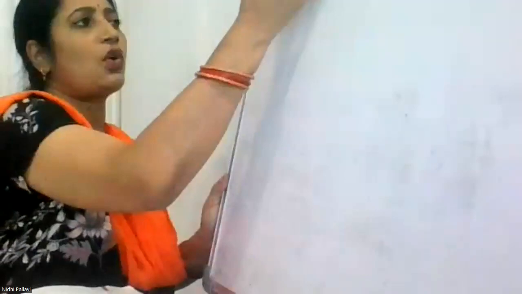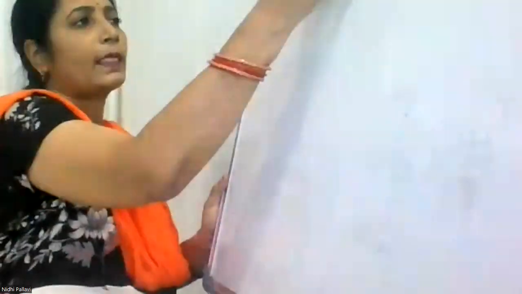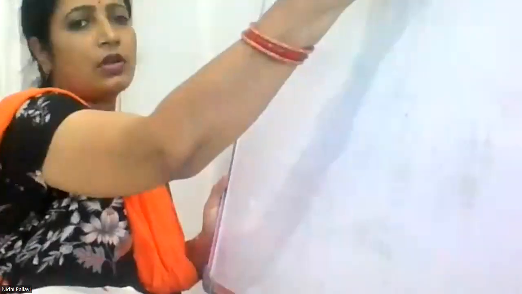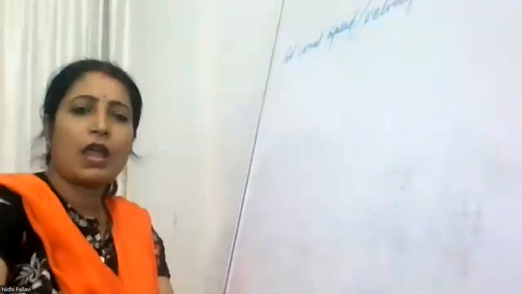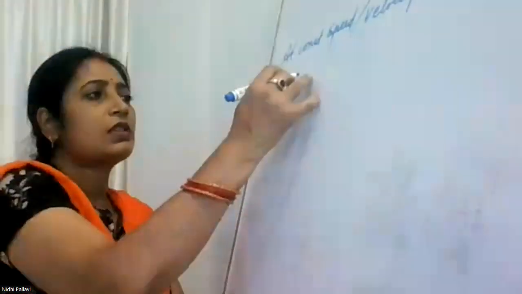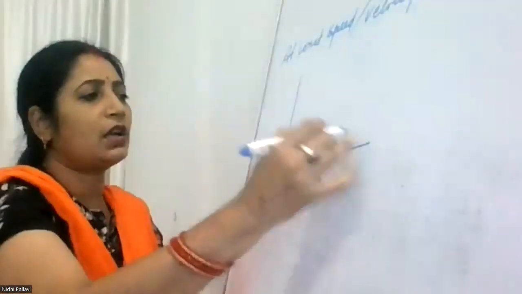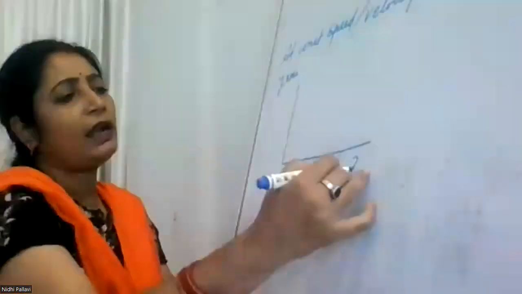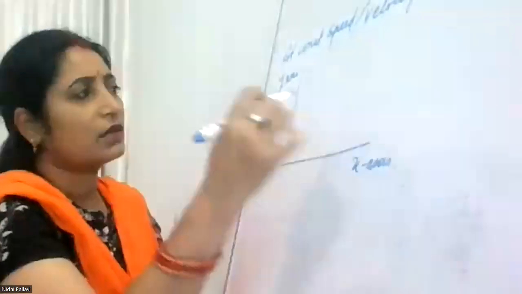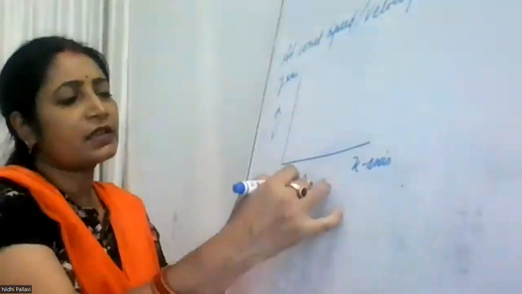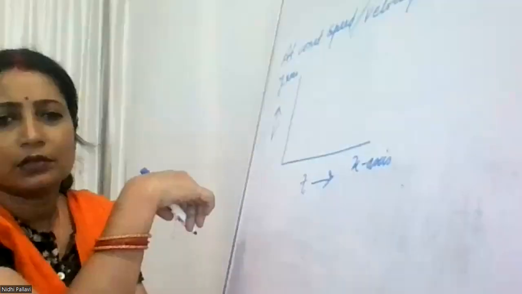First है at constant speed or velocity. Constant speed or velocity. So at constant speed or velocity, suppose I am making a graph, y axis and x axis. Y axis पे क्या है? Velocity है. X axis पे क्या है? Time है.